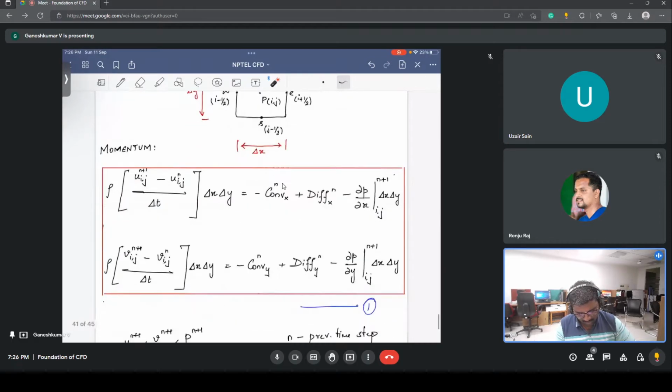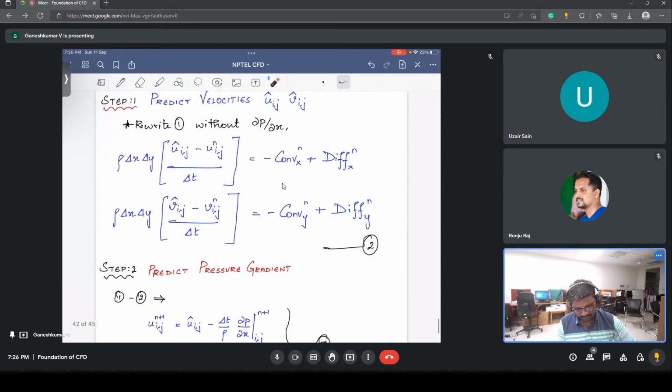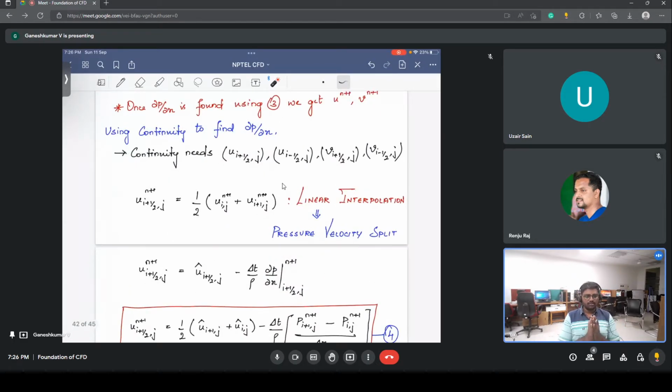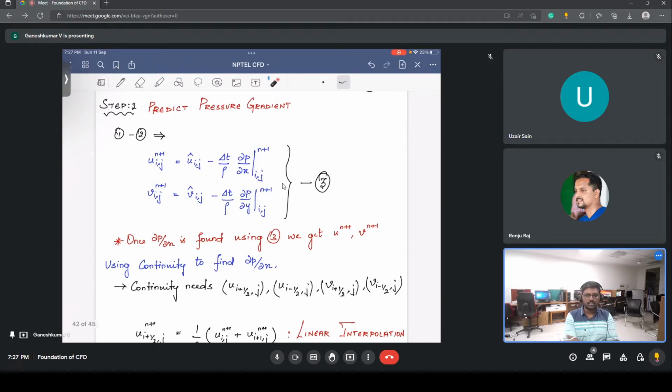We used momentum to get the predicted velocity. Continuity is still remaining, and you know that n+1 will satisfy the continuity equation. So we will use the continuity equation to obtain the pressure gradient. In the process, we will end up getting the pressure Poisson equation. We will see that now.